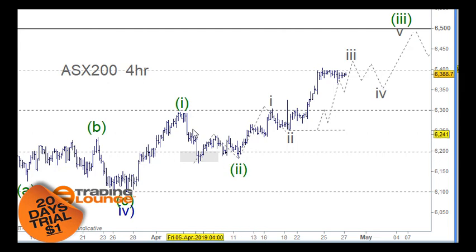I've got it sitting here because it does appear that we've got 5 waves down, but I've been lured into that mistake before, so I'll keep an open mind, because we do have 5 waves up here that can be wave 1, and an A, B and C for little wave 2 in here. The other way this counts is down here for wave A, and then an A, B and C here for wave B, and then down for wave C.